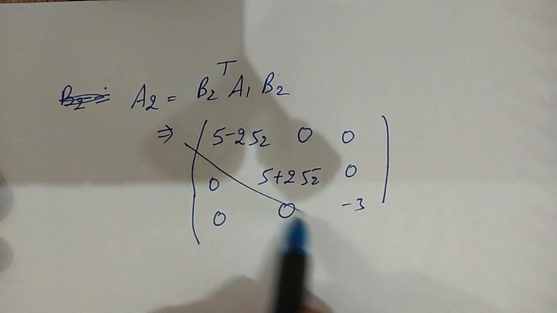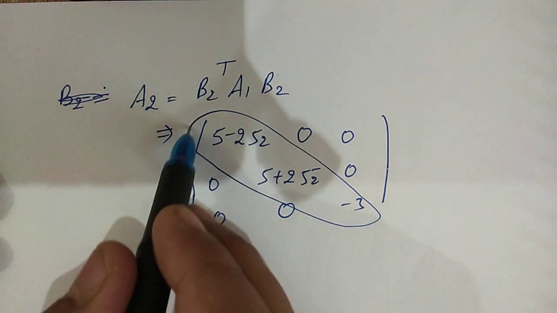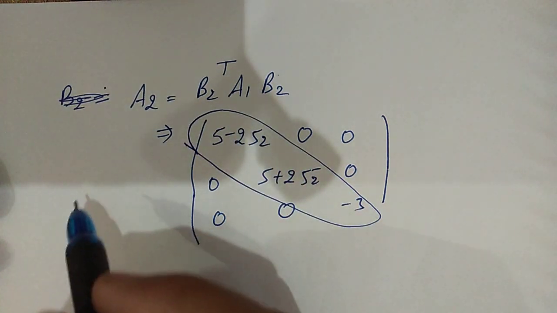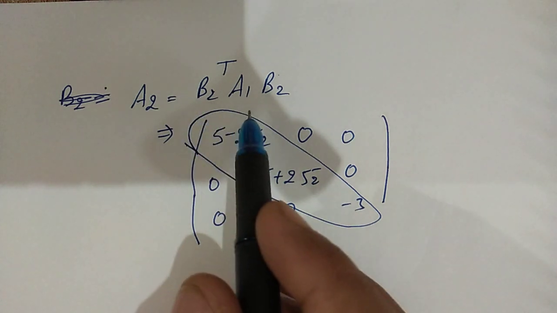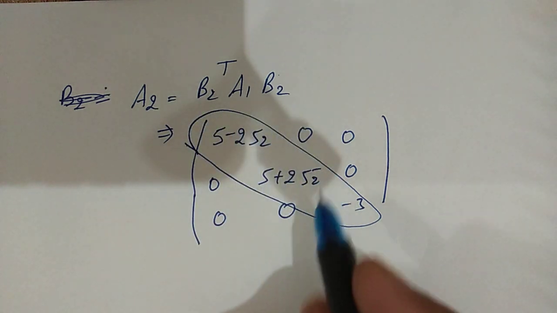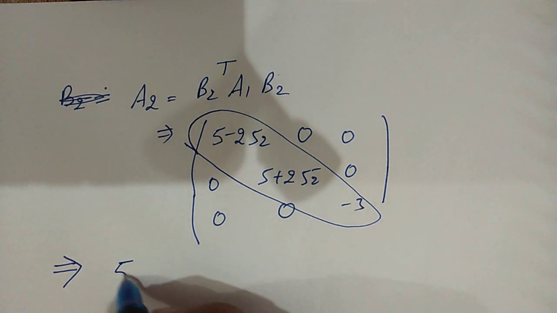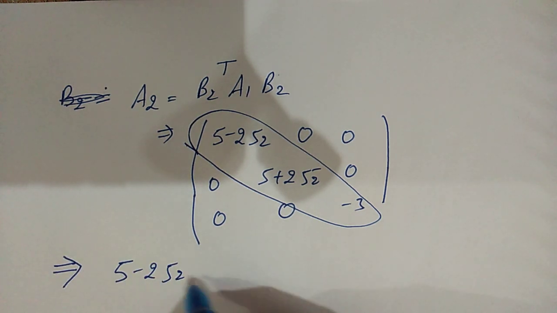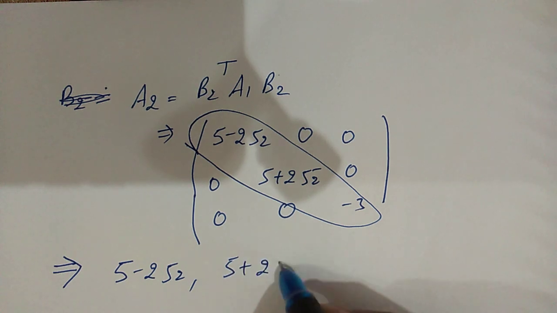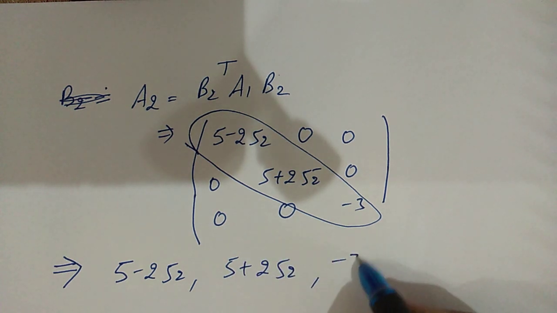So these are your diagonal elements. So B2 transpose A1 B2 equal to diagonal matrix D. So your eigenvalues are the diagonal elements: 5 minus 2 root 2, 5 plus 2 root 2, and minus 3.